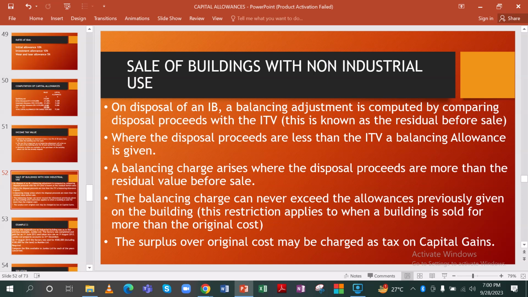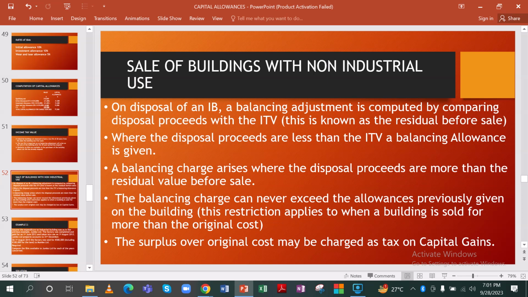A balancing charge will come when the disposal proceeds are greater than the income tax value at the start of the charge year in question when the disposal is being made. So that's what we came to learn. The same applies to industrial buildings, and that is what is being emphasized here.